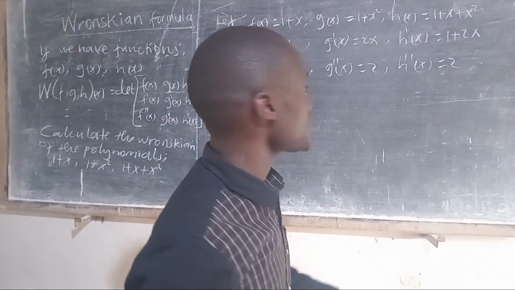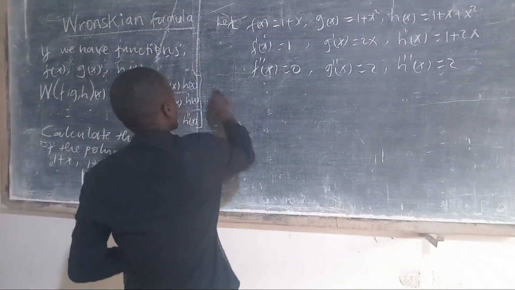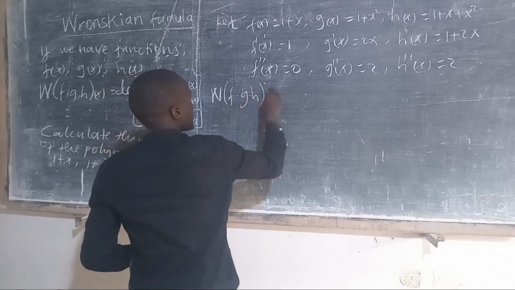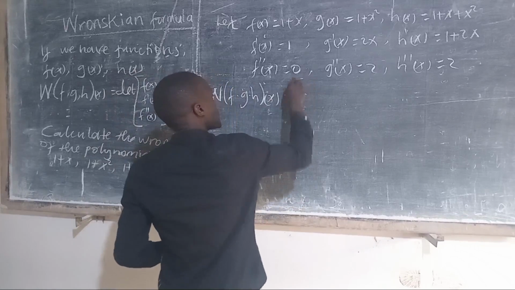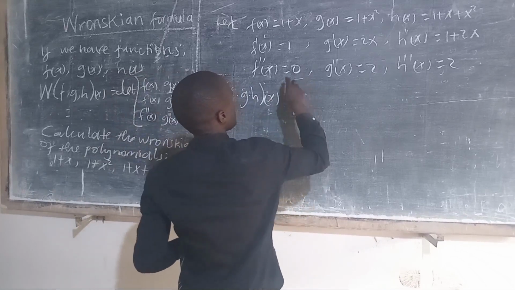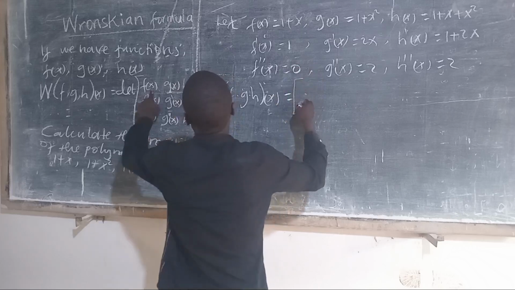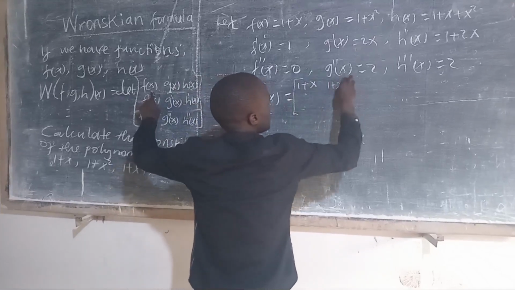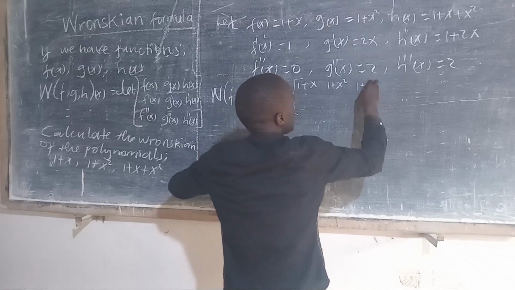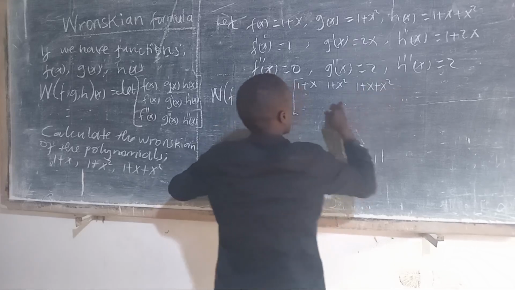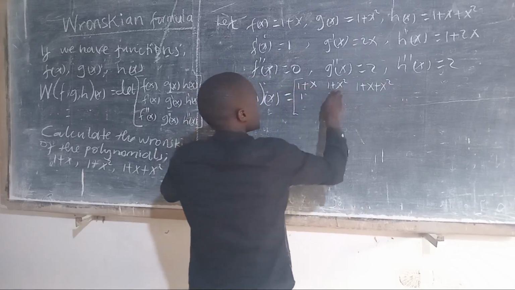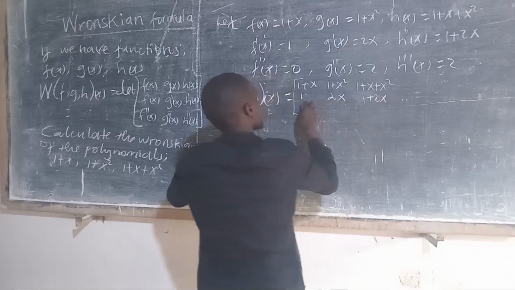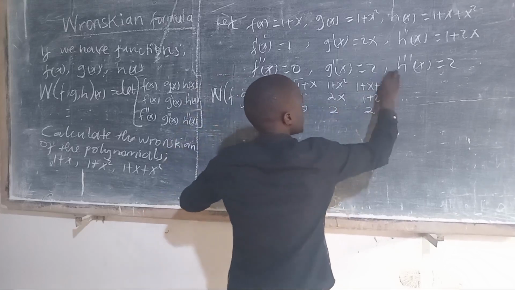So we are going to substitute into our formula. We shall substitute in our f of x, 1 plus x, 1 plus x squared, like this, then 1, 2x, 1 plus 2x, 0, 2, 2.